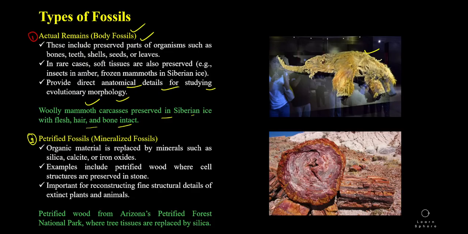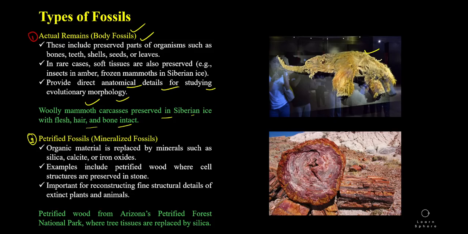Clear? The next type is petrified fossils, or we can say mineralized fossils. Here the organic material in the body of those organisms is replaced by minerals like silica, calcite or iron oxide.